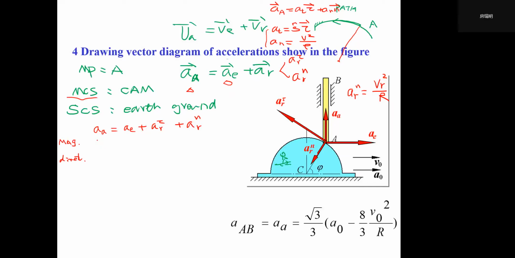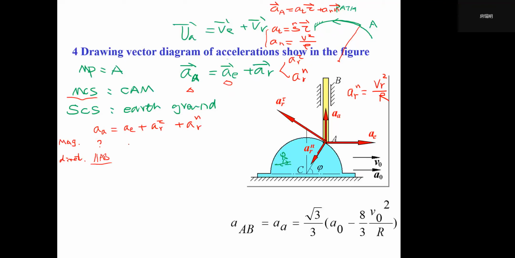So AA, we don't know its magnitude. Actually, that's what we want to find. Our task is to find the velocity and acceleration of follower AB, right? But its direction we know actually is parallel to AB, or totally along the vertical line AB.